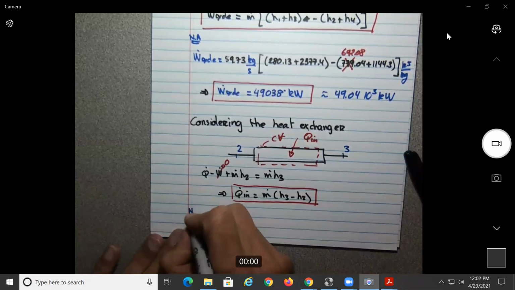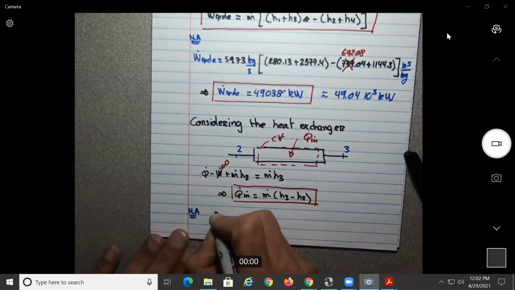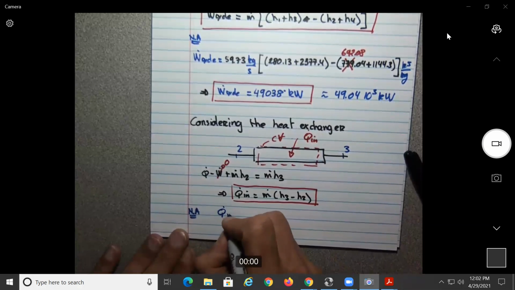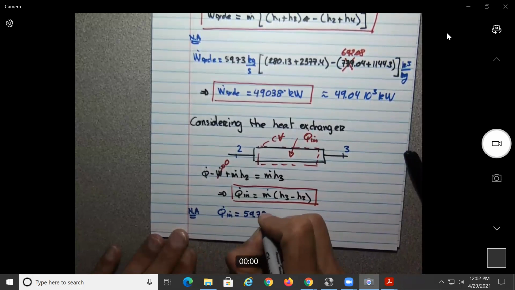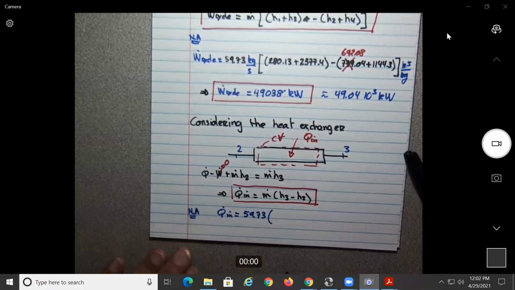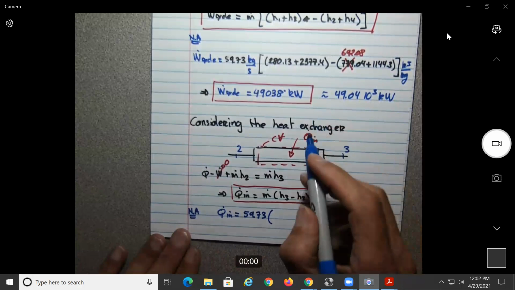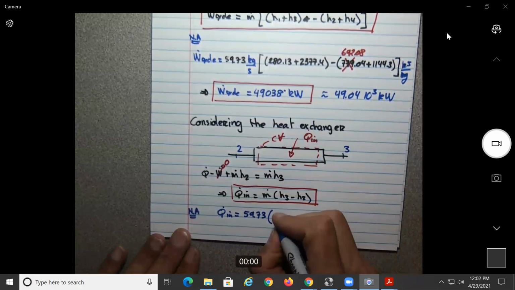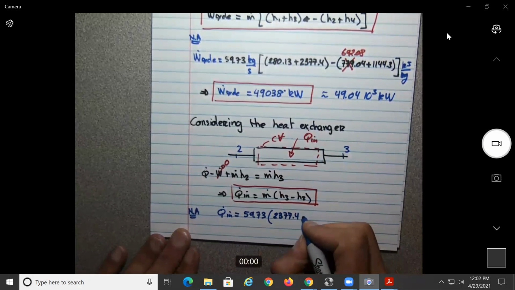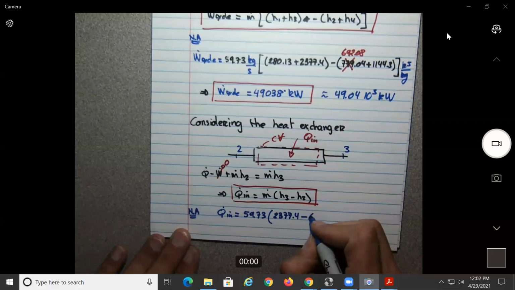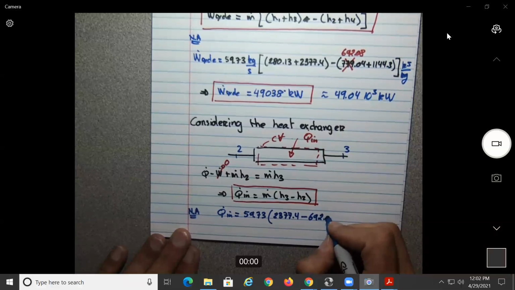So if we do the numerical application, we get Q in equal to 59.73 times H3, which is 2,377.4, minus H2, which is 692.08.